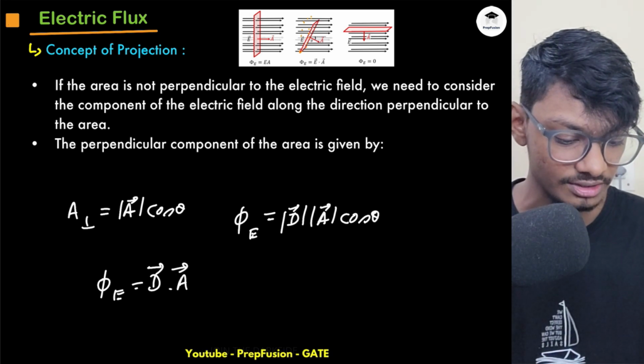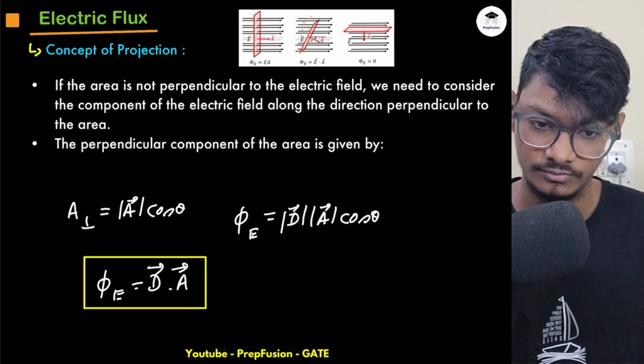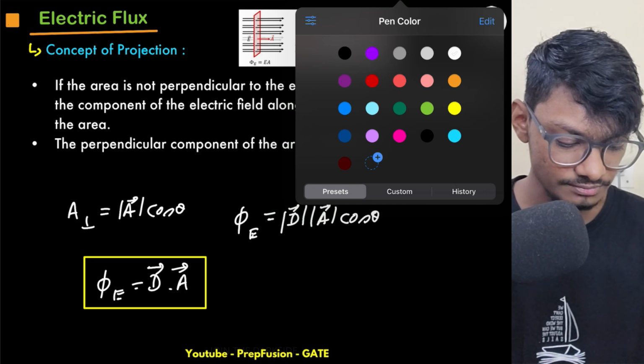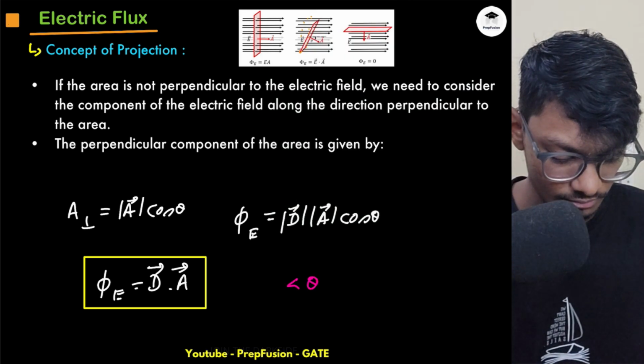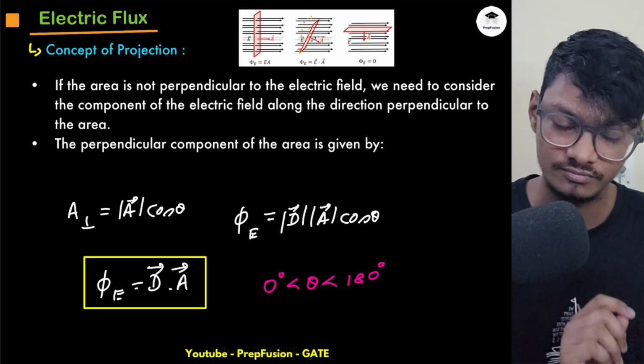So A is the area vector, the surface vector, that I have already taught you in the prerequisite chapter. So obviously we'll use it here. Okay. And theta, what is the range of theta? Theta can obviously go from 0 degree to 180 degree.